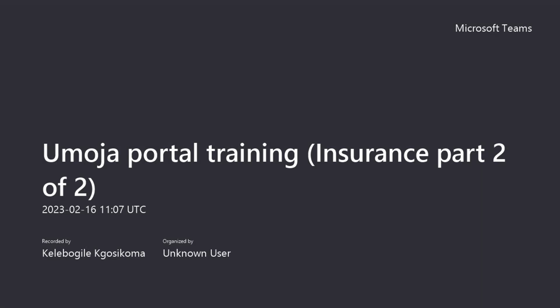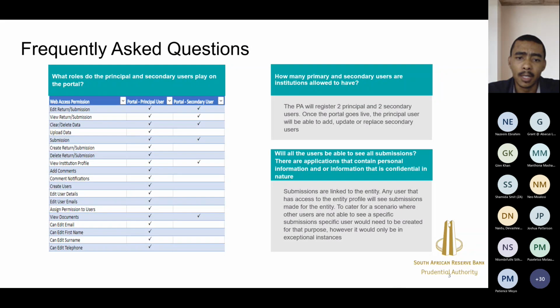play on the portal. So you'll see on there is an entire list ranging from editing of submissions, viewing of submissions, actual creation and deleting of any submissions, which are predominantly sitting with the principal user with that exhaustive list.